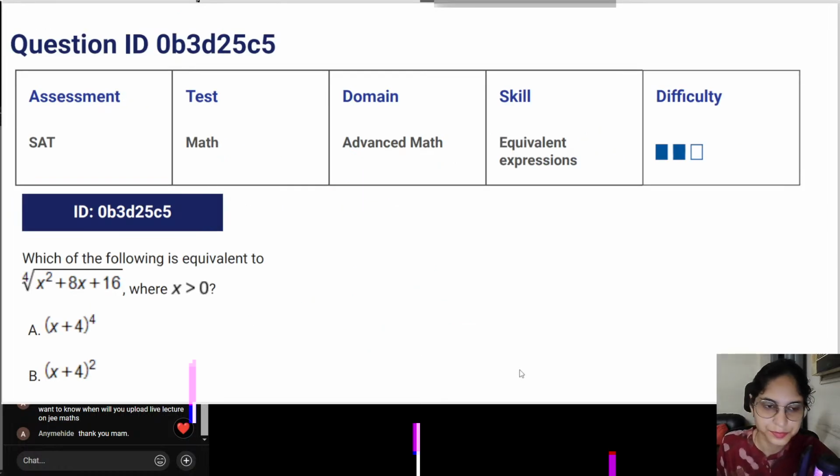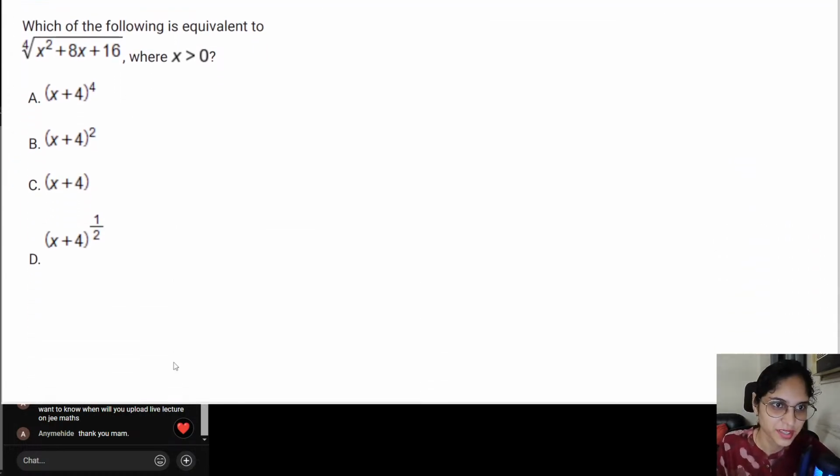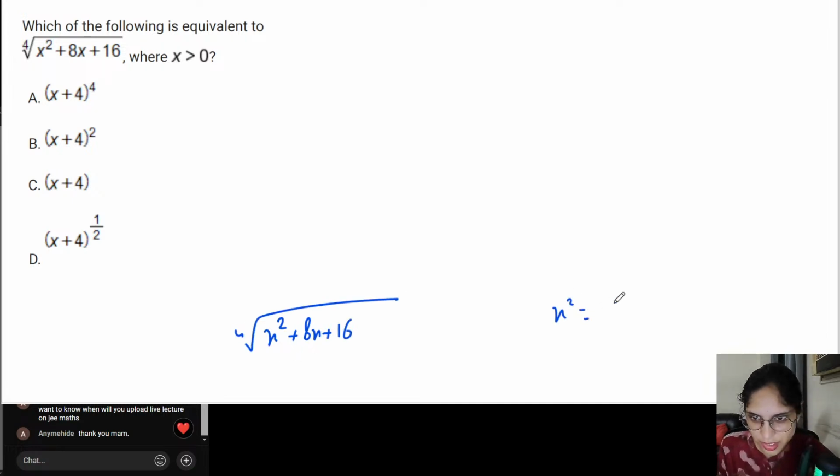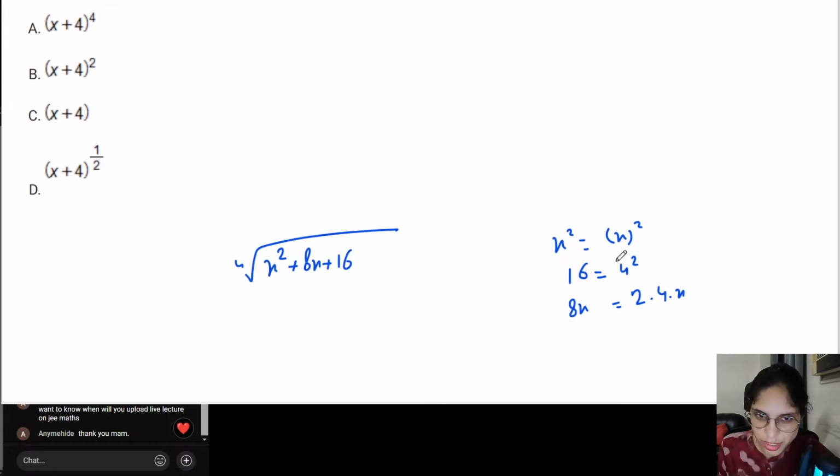66. There's a fourth root, so first you have to convert this. x squared plus 8x plus 16. So x squared is your x squared. 16 is 4 squared. So 2 times 4 times x is your 8x. So this is going to be x plus 4 whole squared.